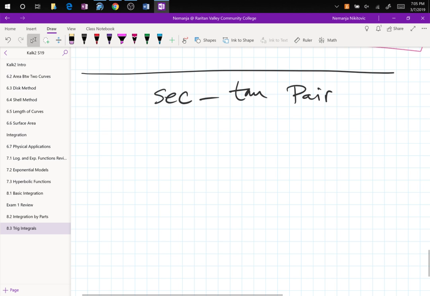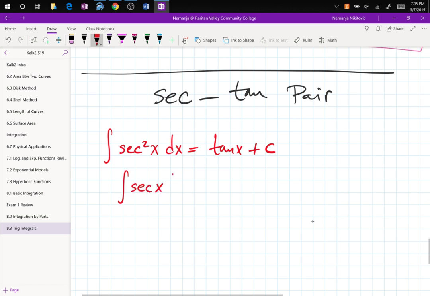That's that. Now, I start this with writing the integral formulas. Integral of secant squared x dx is tangent x plus c, and integral of secant x tangent x dx is secant x plus c.